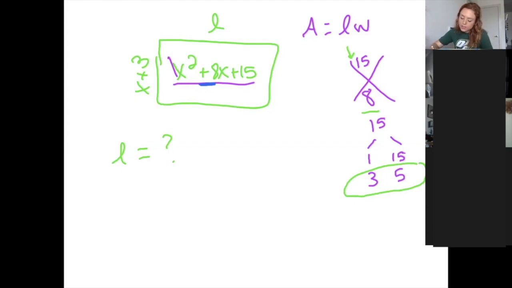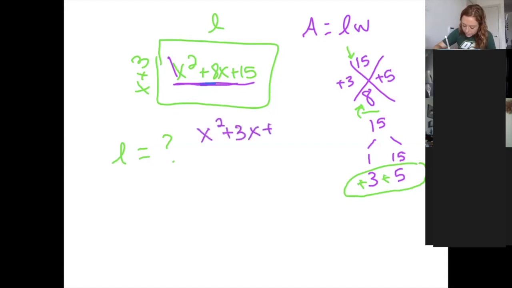And then it's a positive 8, so that means they're both going to be positives. Okay, so I'm going to rewrite those up here, plus 3 plus 5. Okay, and then we can rewrite that original polynomial up here and go x squared plus 3x plus 5x plus 15.